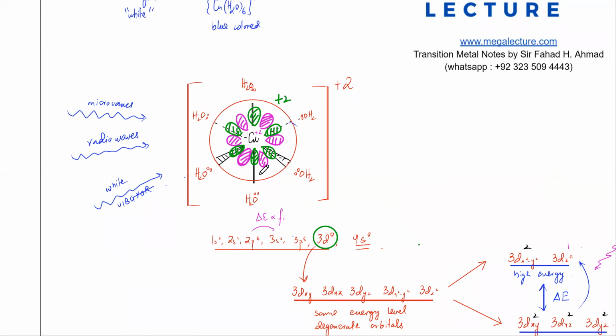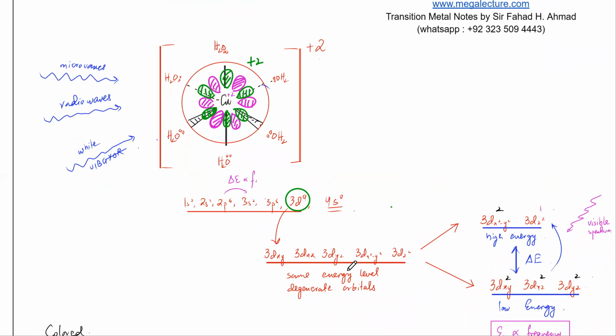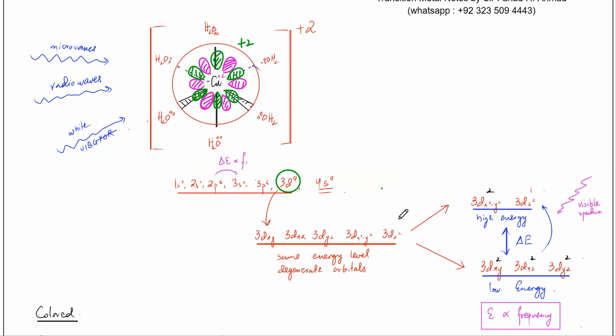Yes. Now, due to the presence of ligands, the d subshell splits into two energy levels. What happens is that when the water molecules come in, remember the water molecules have nothing to do with the d subshell. They're just getting attracted by the copper ion overall, because the copper ion has a +2 charge.